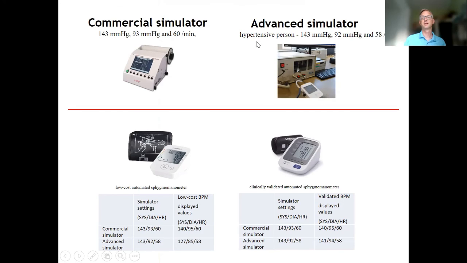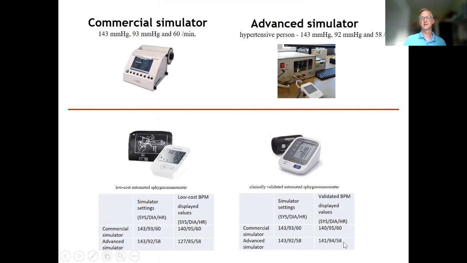And then we found a hypertensive person having almost the same blood pressure and heart rate values. And what we did, we used two different devices. One device was a clinically validated automated sphygmomanometer, which is one of the upper class devices. And we tested this device using both the commercial and advanced simulators. And the simulator settings are written here.